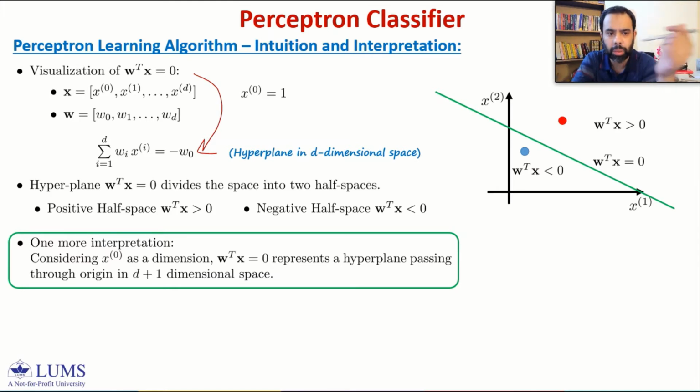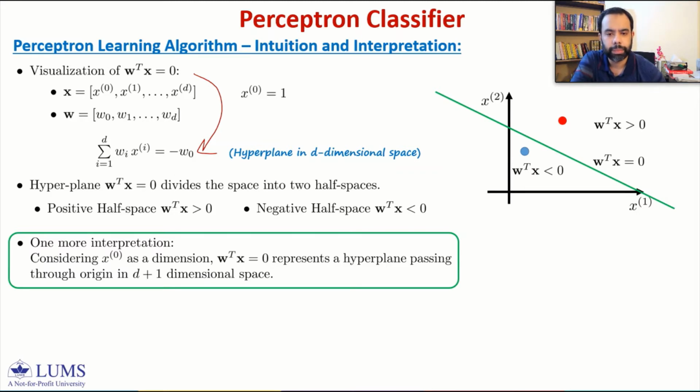Let me try to explain this interpretation. If I treat x0 as a dimension of my data, and I know x0 is equal to 1, and for this two-dimensional data, if I add one more dimension to this, what's going to happen? That dimension is 1.